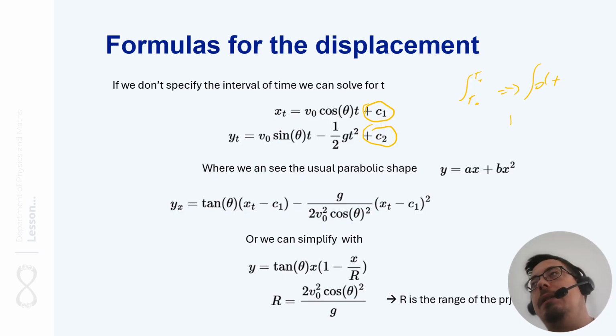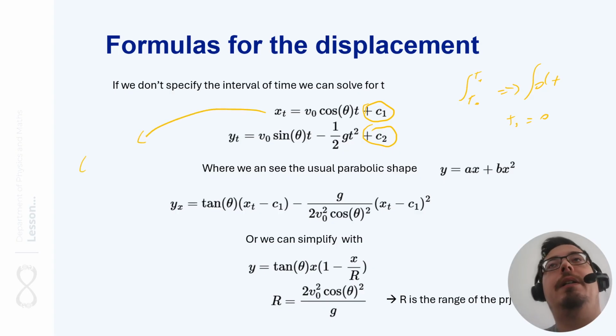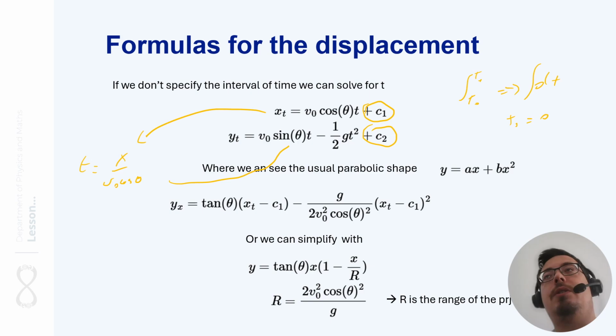We will set t0 equal to 0, for example, and in this case we'll find a formula that just depends on t, and by solving for t we can find t from this equation. We define t as x divided by v0 cos theta, and then we put it inside this equation here.